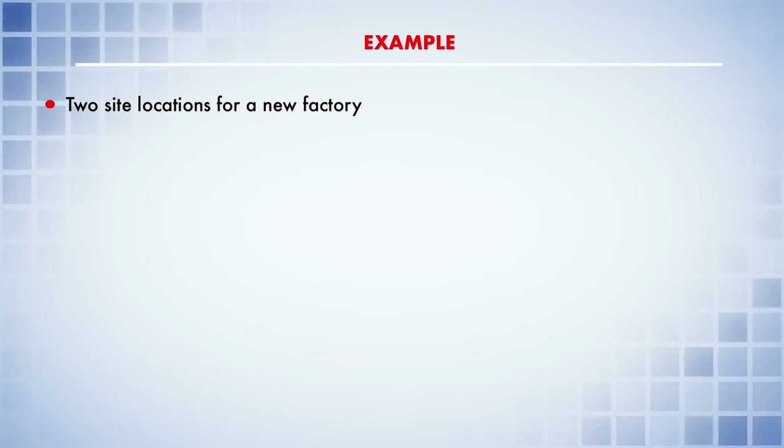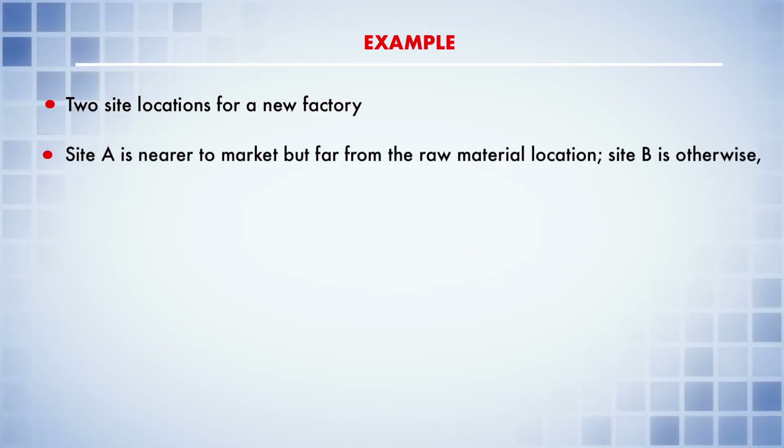We want a site for our new factory. Site A is near to the market, but it is far from the raw material location, while site B is near to the raw material location, but it is far from the market. Now, which location will you choose?